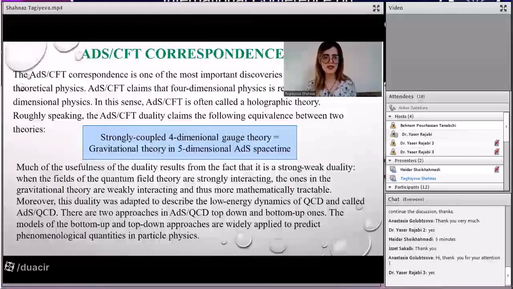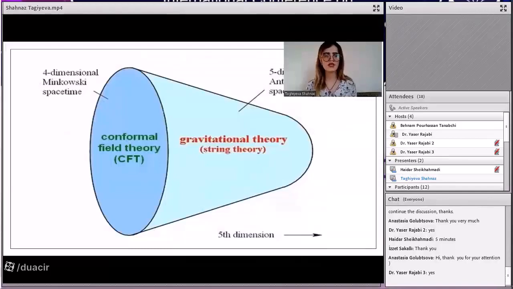Roughly speaking, the AdS duality claims that two theories, a strongly coupled 4-dimensional gauge theory and a gravitational theory in 5-dimensional anti-de Sitter space-time, are equivalent. I'm sorry.